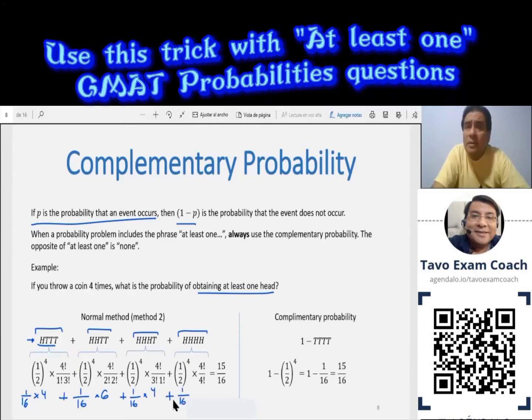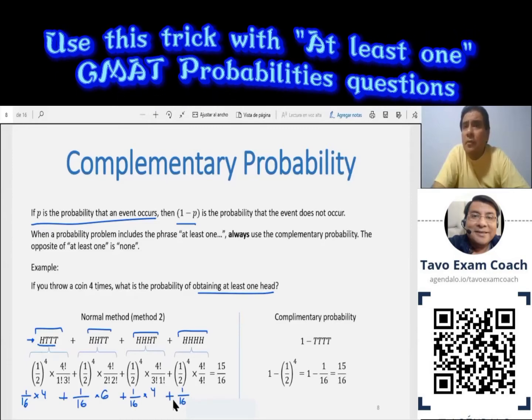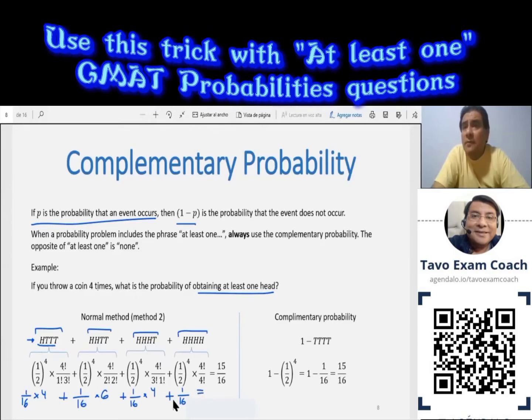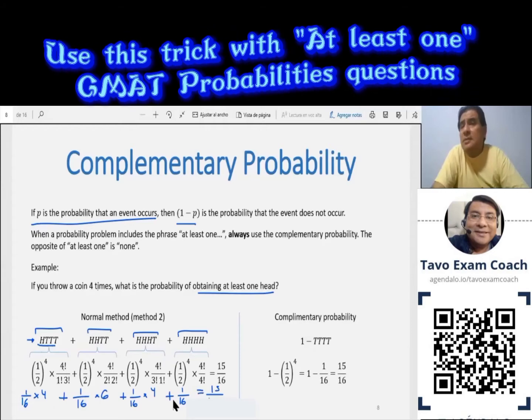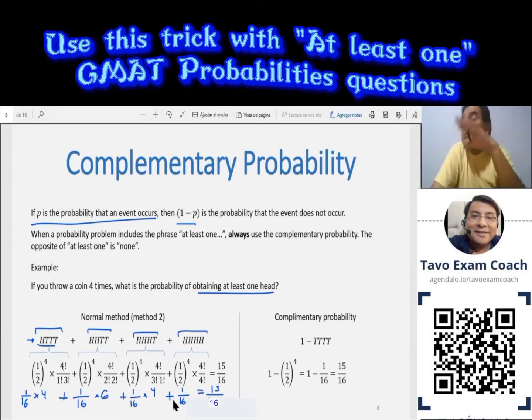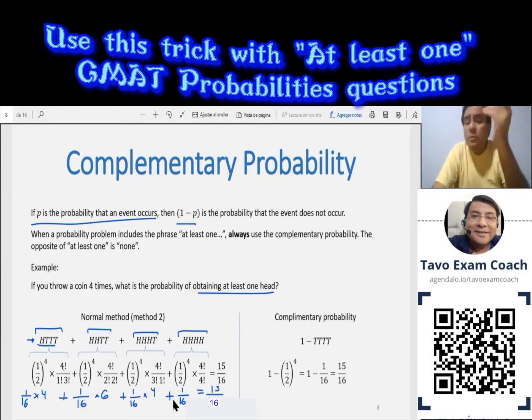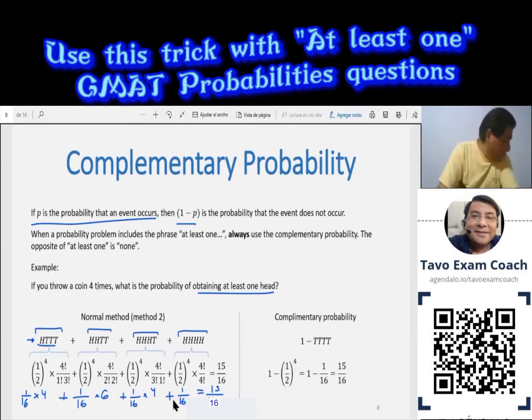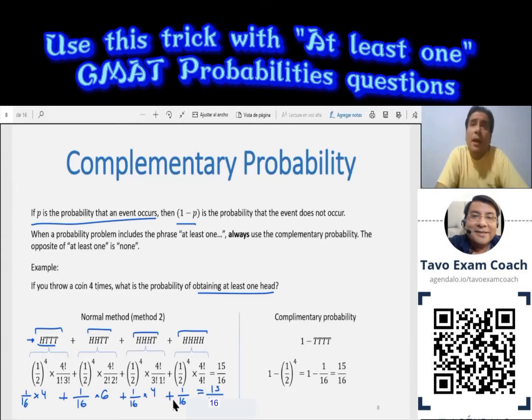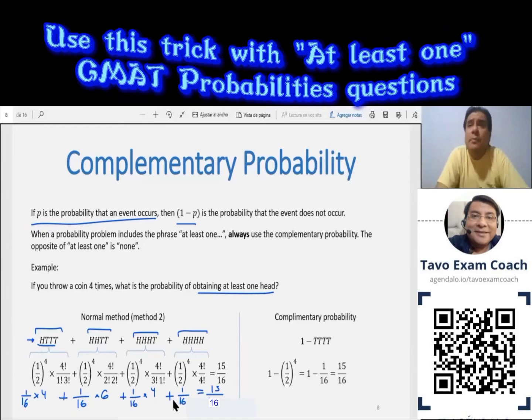So if you add here 4 times 1/16, 6 times 1/16, 4 times 1/16 and 1 times 1/16, you just get 15/16. That would be the probability, but it's quite long. What can we do in order to shorten the resolution time?